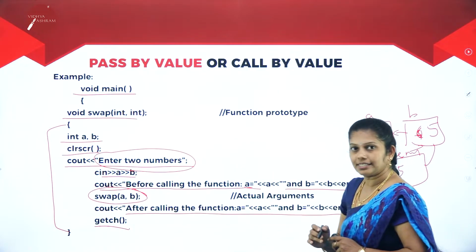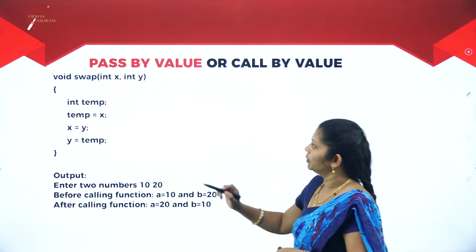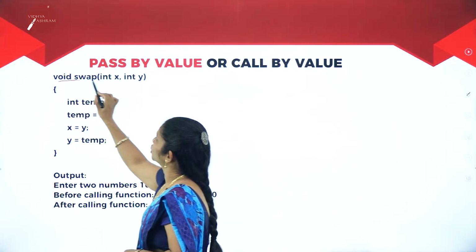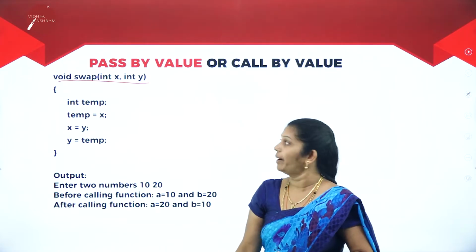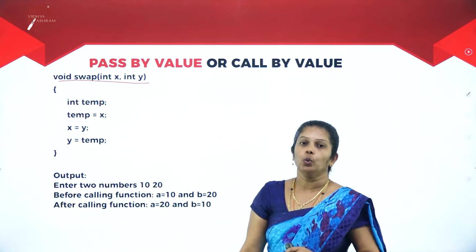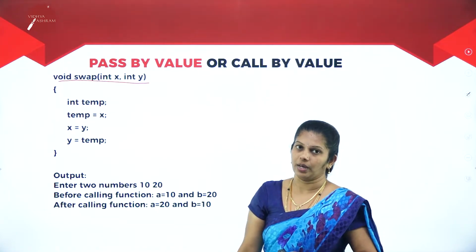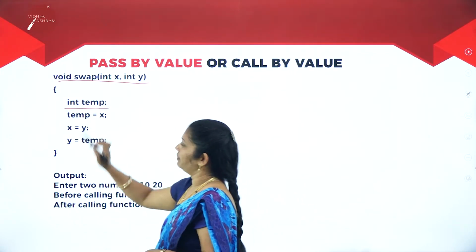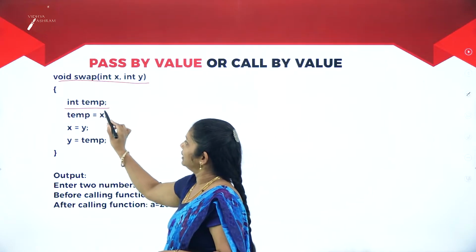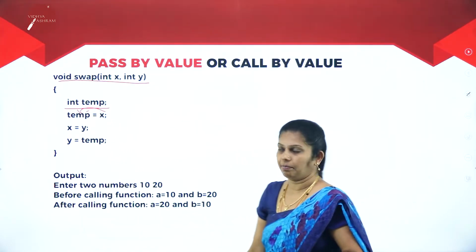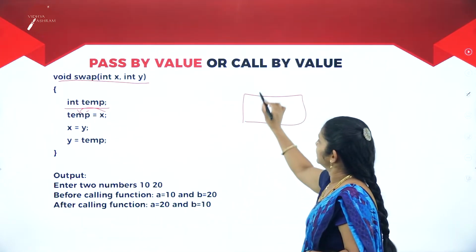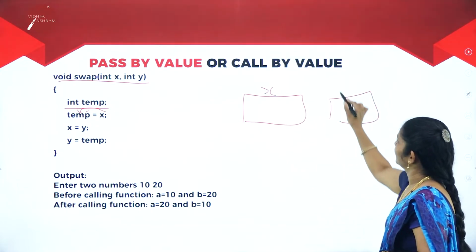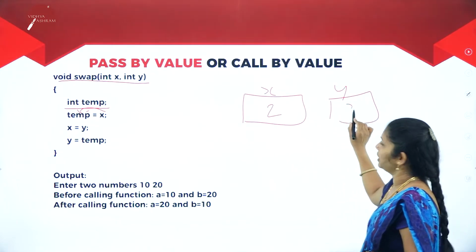But what exactly does the subprogram contain? In the subprogram we have void swap int x comma int y. It means that two values we are taking from the main program, and these two values are of type integer only. Here we are creating a temporary variable. Consider this is x and this is y. Here we have 2 and here we have 3.